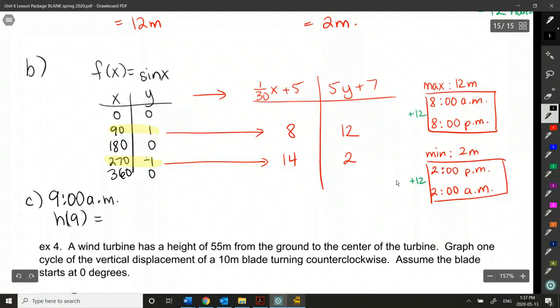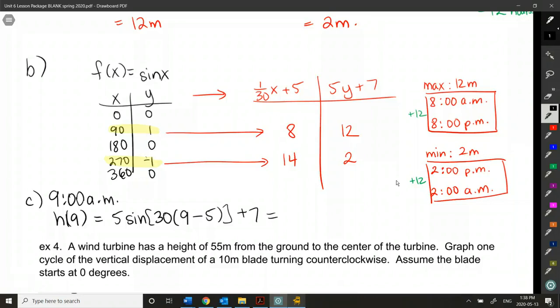So I'm going to plug that into our function here. So 9 hours after midnight. And we are basically just going to plug this right into our calculator, making sure we're in degree mode.